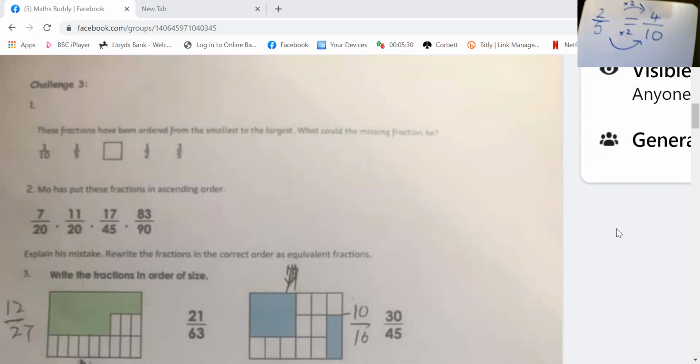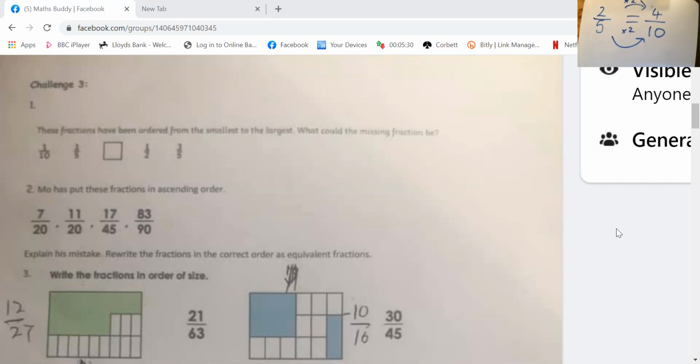So the 2/5 we change by changing the fifth to tenths there. We multiply that by 2. Therefore, we must multiply the numerator by 2, which gives you 4/10 as the equivalent for 2/5. Treat each of the fractions in the same way, multiplying by different numbers where you need to, so that always you have tenths as your denominator.